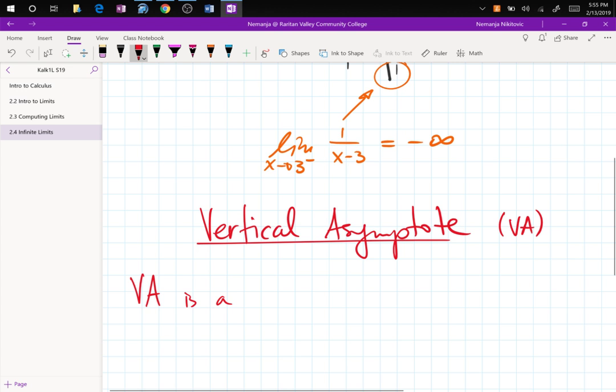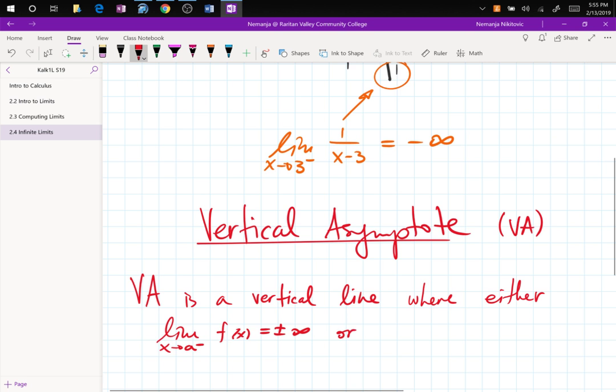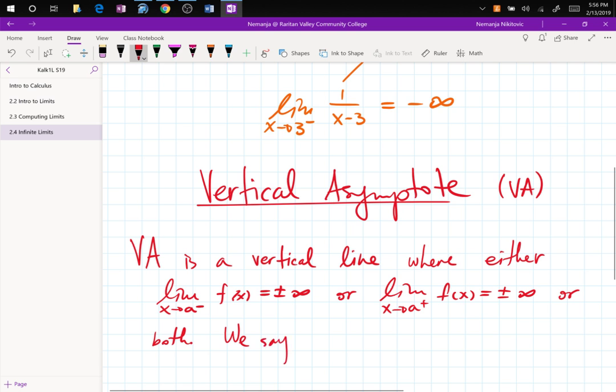A vertical asymptote is a vertical line where either the limit as x approaches a from the left of f of x is equal to plus or minus infinity, or the limit as x approaches a from the right of f of x gives you infinity, or both, whatever. We say the VA is at x equals a.